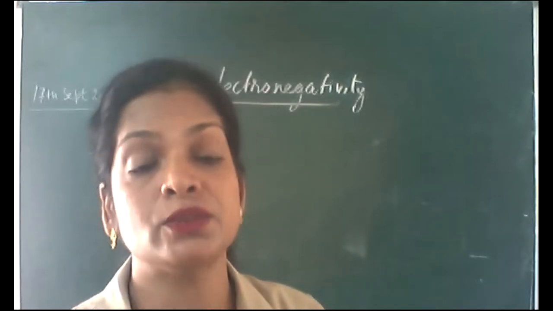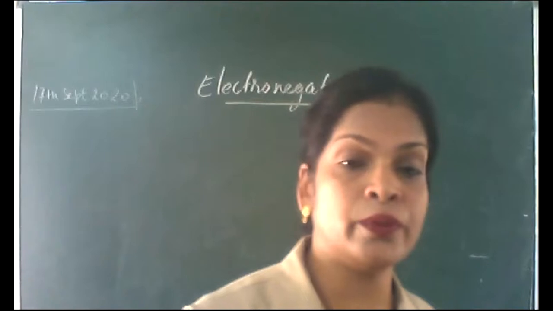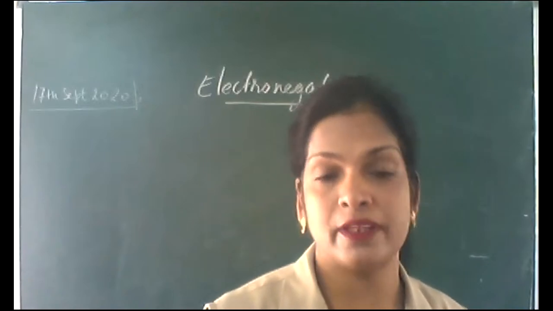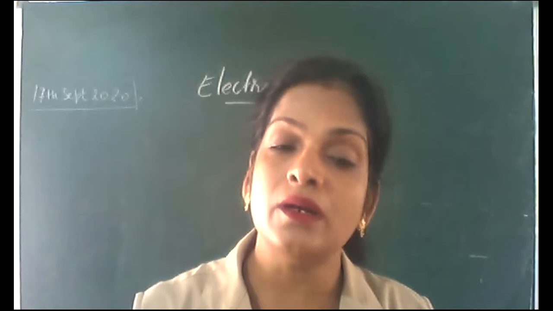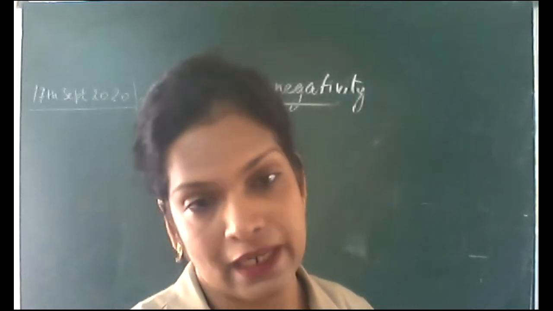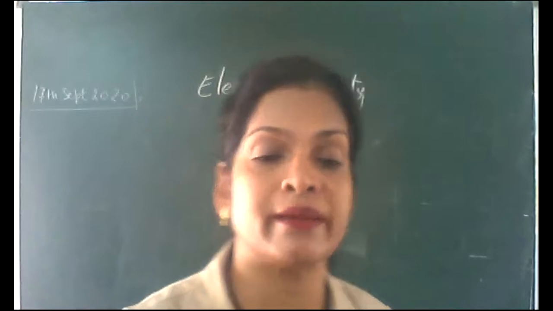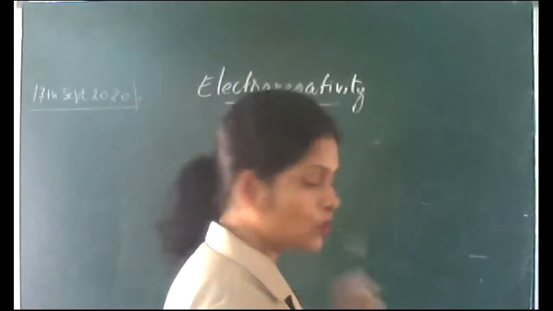These are electronegative elements. Nitrogen, oxygen, fluorine, chlorine, sulfur. These are electronegative elements, means from a covalent bond, they will be attracting the shared pair of electrons. It is the ability to attract the shared pair of electron towards an atom in a covalent bond.